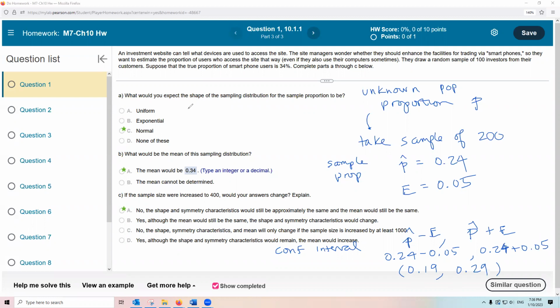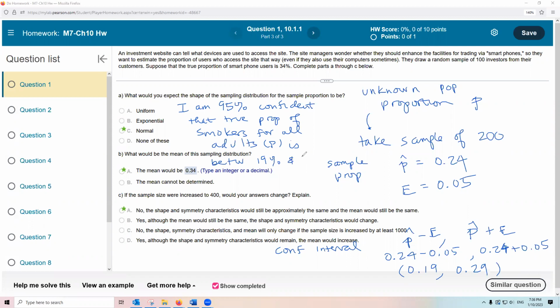So here's my statement. I am 95% confident. I'm using 95% because that's a typical confidence level we use. I'm 95% confident that the true proportion of smokers for all adults in the United States, remember that's P, is between 19% and 29%.